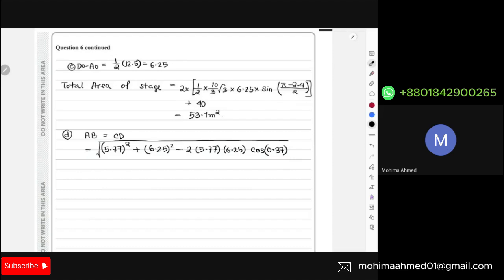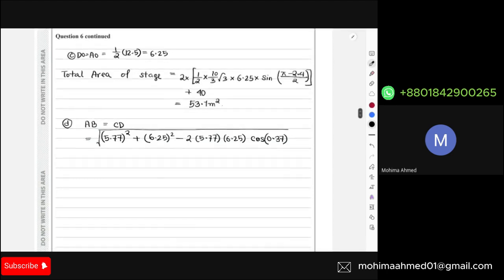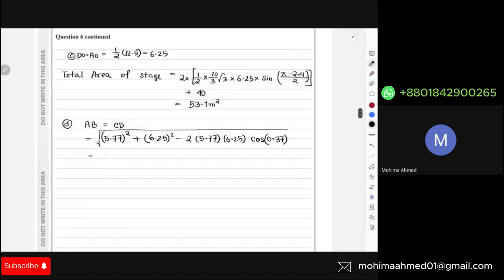So if you write 5.77 square plus 6.25 square minus 2 times 5.77 times 6.25 and cos 0.37, you are going to get 2.26 for this AB and CD, so 2.26 meter.